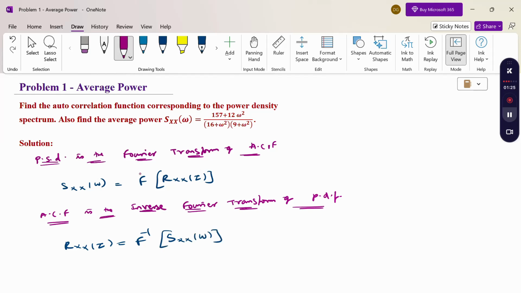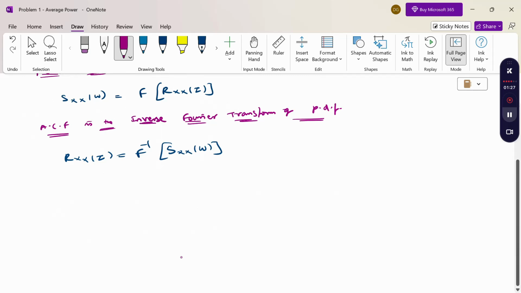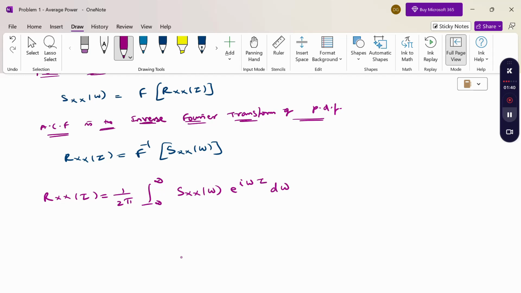So we know that the autocorrelation function Rxx of tau equal to 1 by 2 pi, integral from minus infinity to plus infinity, Sx of omega e power i omega tau d omega.